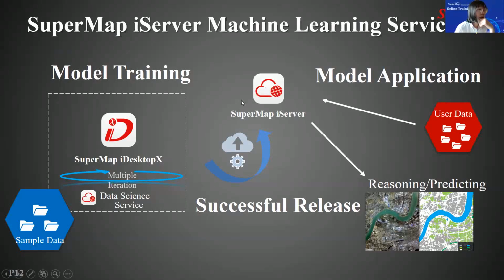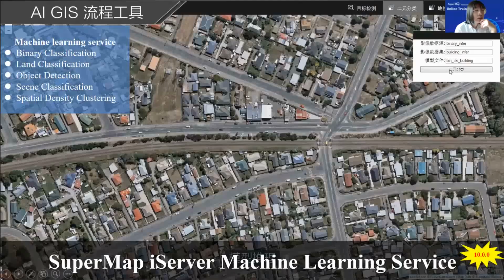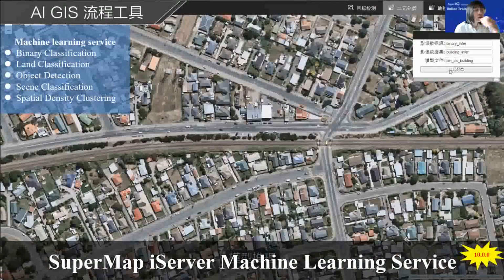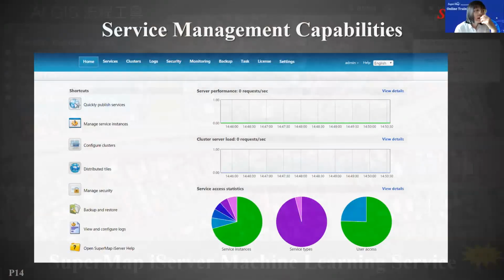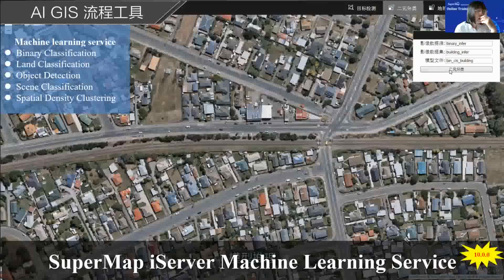Then we can publish the model in SuperMap iServer and achieve reasoning and predicting on the server on a website. And this is an example where we can do binary classification on the server side.